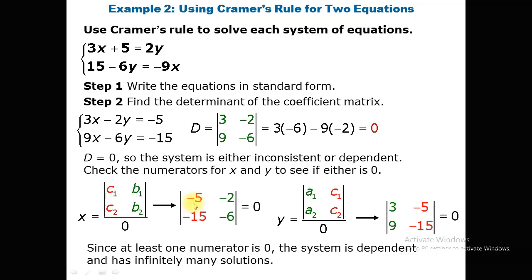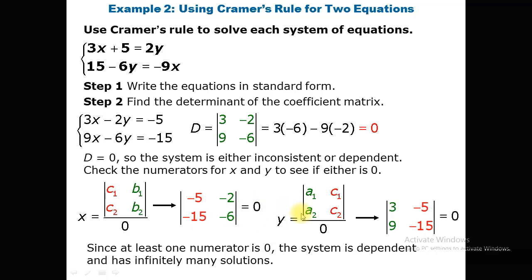This new determinant contains the entries minus 5, minus 2, minus 15, minus 6, which is equal to 0. Minus 5 times minus 6 is plus 30, and minus 2 times minus 15 is plus 30. But in the determinant we take the difference of the products, so 30 minus 30 is equal to 0.